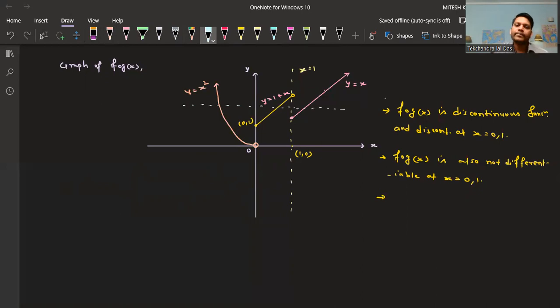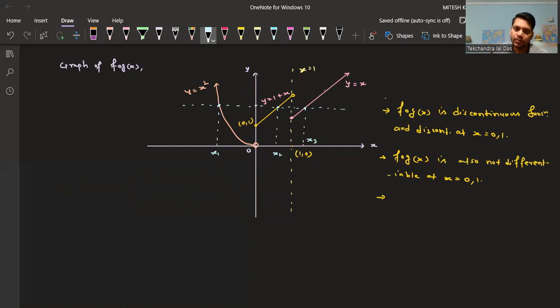Clearly, this line is cutting this graph at 3 points. See, 1, 2, 3. It means for 3 different values of x, that is for x1, for x2, and for x3, there is the same value of y.